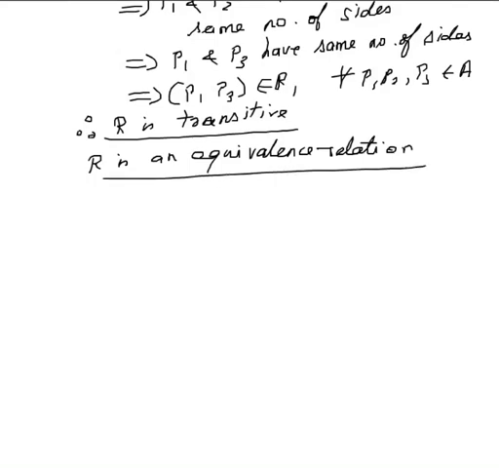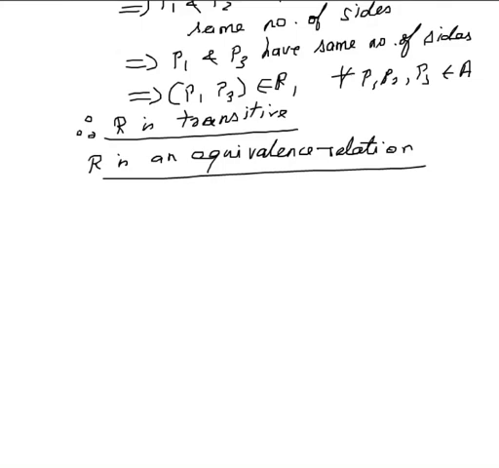Now the second part of the question is, what is the set of all elements in A related to the right angle triangle T with sides 3, 4 and 5? Triangle has 3 sides. So the figure should have the same number of sides.